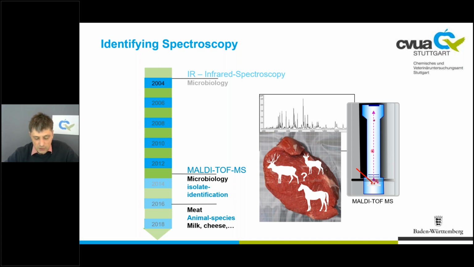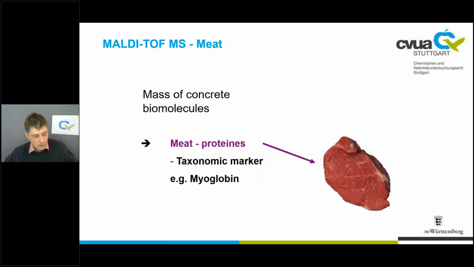For 5 years, we have expanded the MALDI applications to other fields, like the animal species identification of milk or meat. Similar to microbes, we use concrete biomolecules of skeletal muscle, for example, myoglobin.